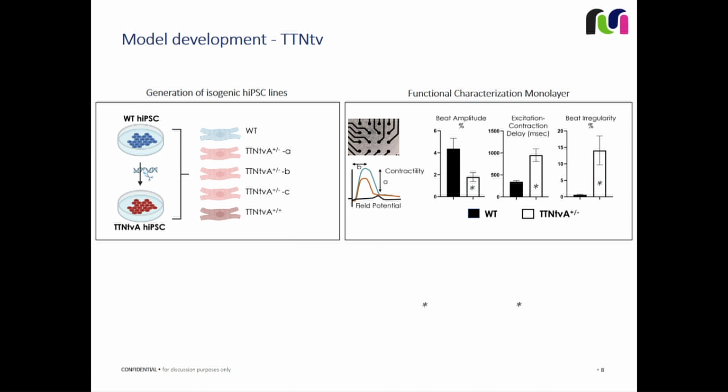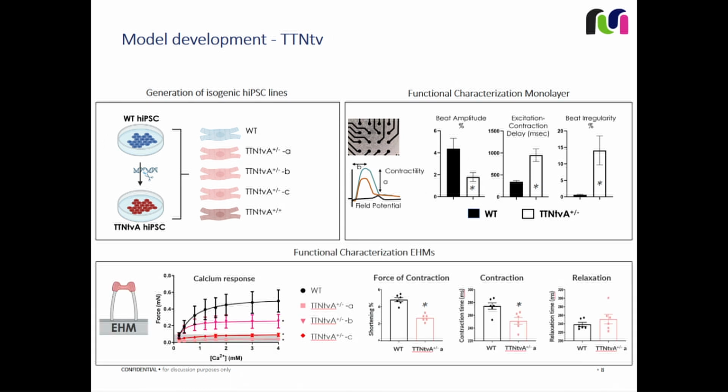We couldn't see any big phenotype in the electrophysiology, but in the contractility we could see a very clear phenotype in the beat amplitude. We have a reduction with the mutant, the TTNTV line, compared to the wild type. We have a prolongation of the excitation-contraction delay, and also beat irregularity. So these are our main phenotypes in 2D.